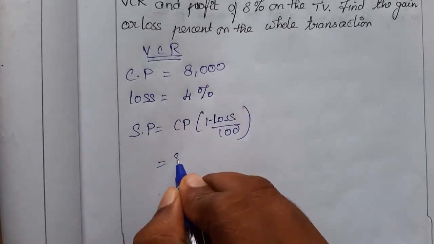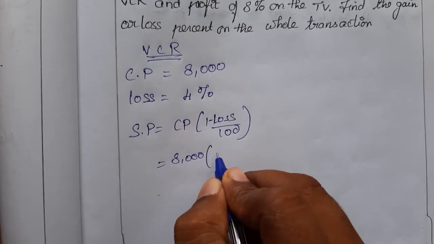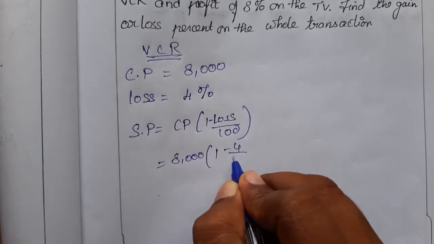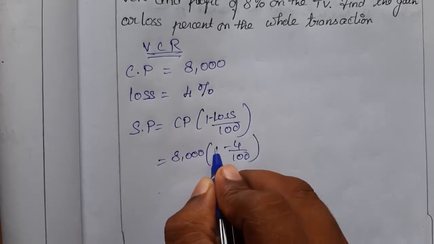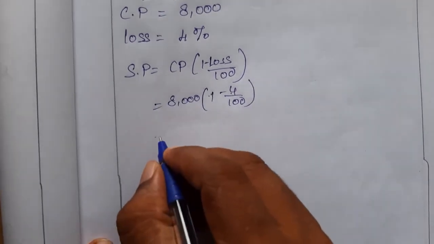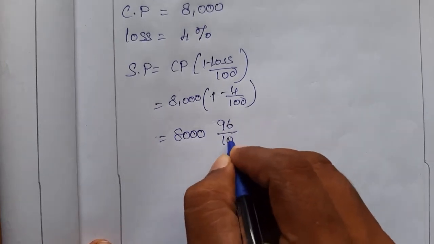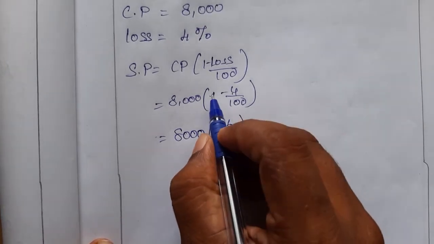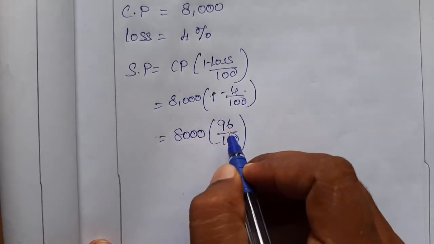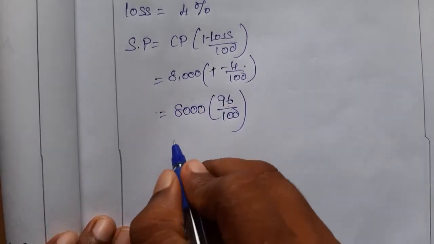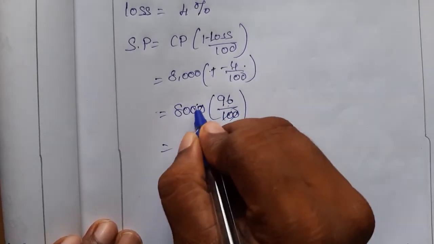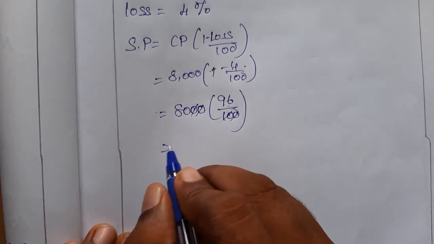So we know the cost price is 8,000. 1 minus 4 by 100. If we take an LCM, it will be 100, and 100 minus 4 is 96. So 8,000 into 96 by 100. Then we have to simplify it. 8 into 96 is 768.